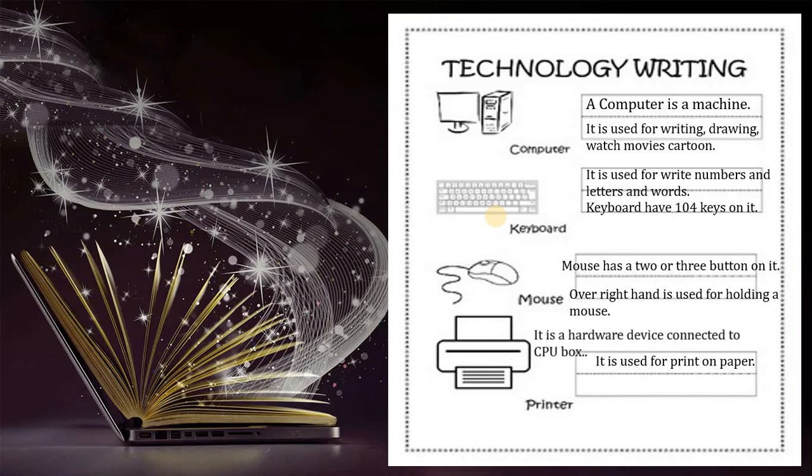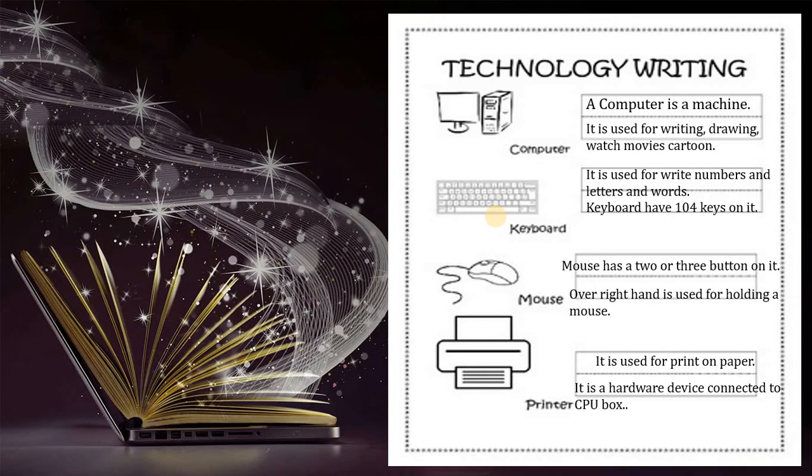Now the second sentence: it is a hardware device connected to the CPU box. I think it is a hard sentence to remember, but you know where the printer is connected? The CPU box.